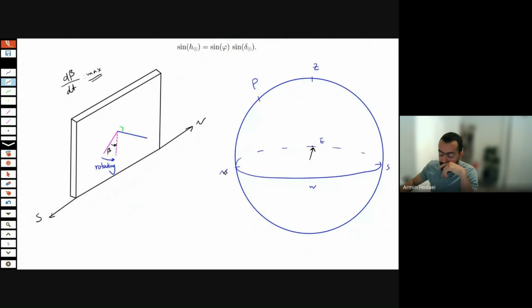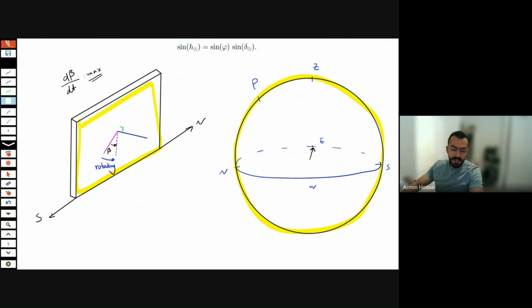Now I need to figure out where the shadow is going to be cast. The shadow is always going to be on this plane, and this plane is the plane which connects north, south, and Z to one another. In other words, this plane is going to cut the celestial sphere in this great circle.